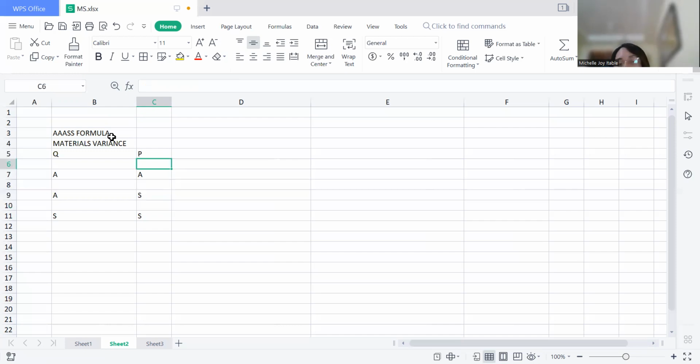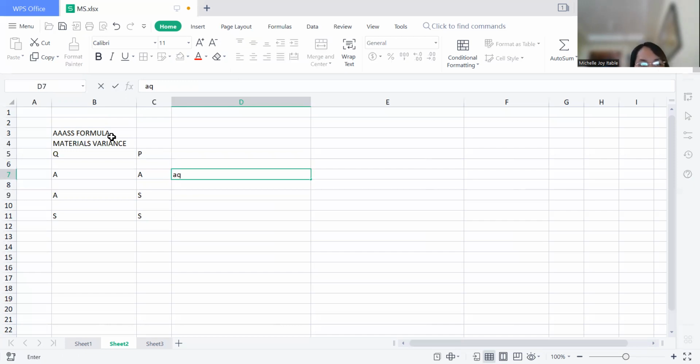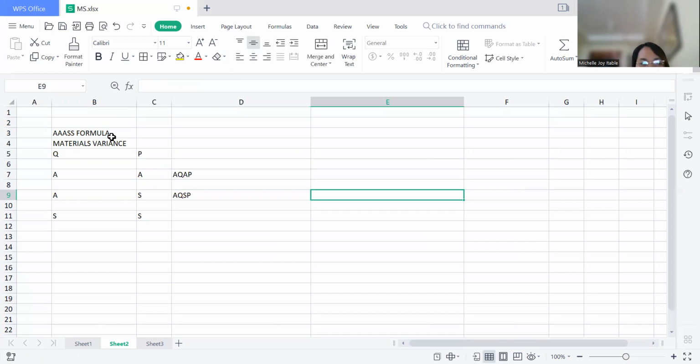And remember, actual quantity yung ginagamit natin, class, when we compute for the variance in price. So actual quantity, actual price; actual quantity, standard price.